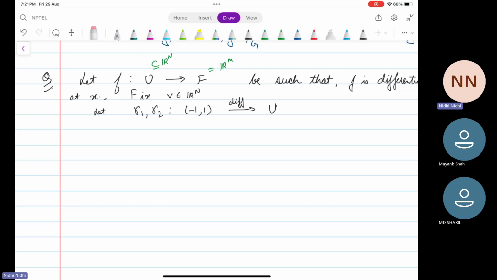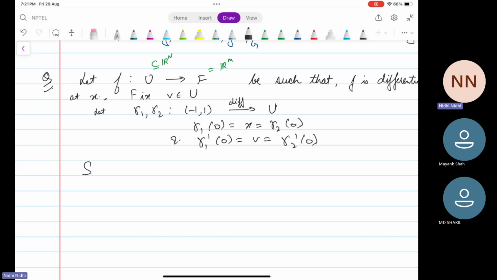Instead of Rn, I think we should write here U, such that gamma 1 at 0 is equal to x, which is equal to gamma 2 at 0, and the derivative gamma 1 dash at 0 is equal to v.